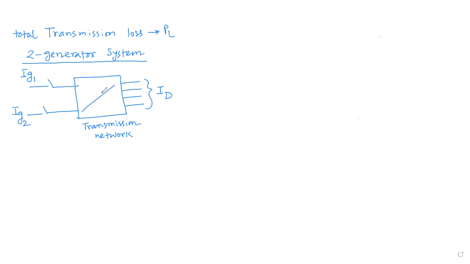Let's say this is the pth transmission link carrying current IP for the time being, for satisfying the demanded current ID. So this is a two generator system, and initially we will first set generator 1 on. So this switch is on.